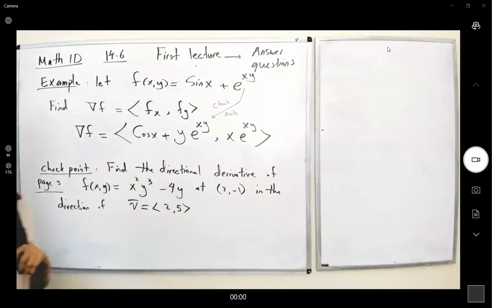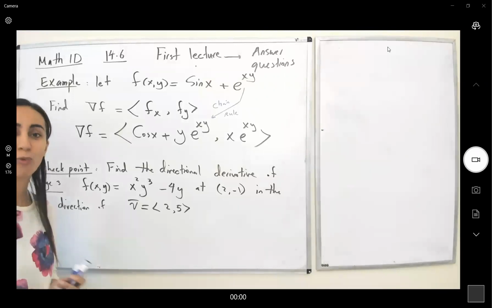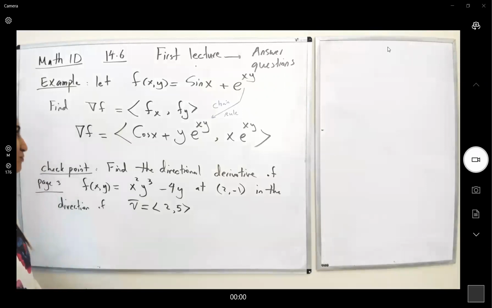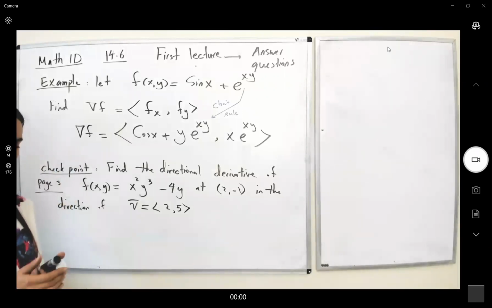For the checkpoint on page 3, you might say, I want to use what I learned at the beginning of this lecture. You can also use that, or you can say that since I learned about the gradient of function f, nabla f, I'm going to apply that.